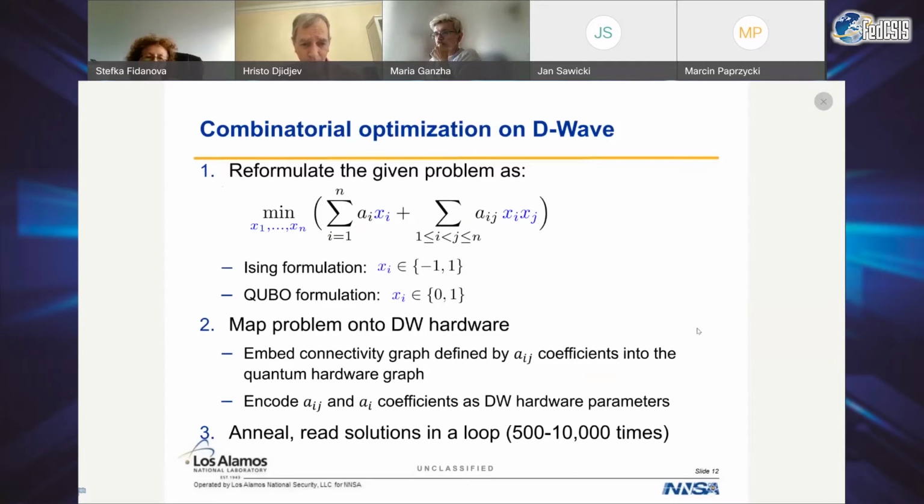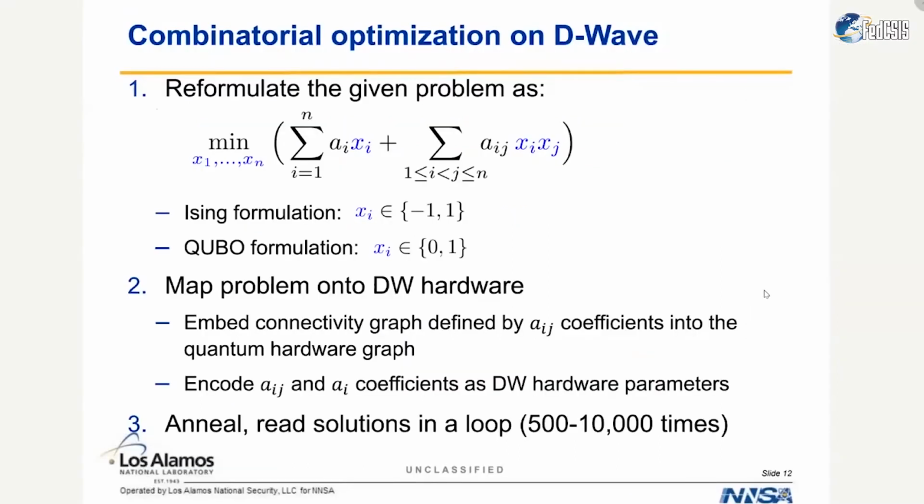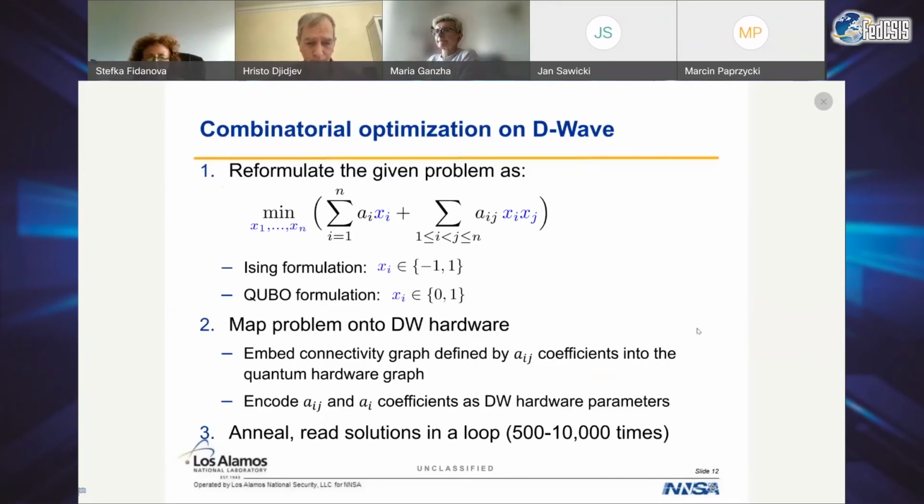Okay. So the first step is the reformulating as a quadratic form. The second step is to map that problem into D-Wave hardware. So first we have to embed the structure of the problem. So we have to decide which variable goes to each qubit, and then we have to transfer the coefficients Ai and Aij to the hardware parameters. That's to encode those coefficients into the hardware.